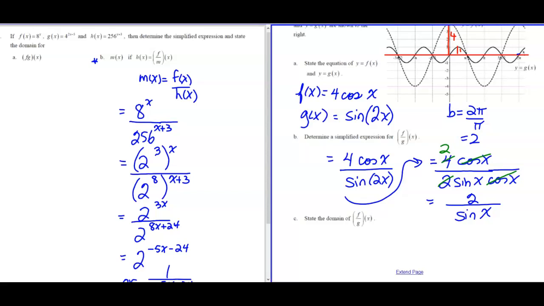Okay, so in terms of domain, remember we need to get our restrictions. There's some space here. We'll do it here. So our denominator is sine of 2x. So you can either solve sine of 2x for when it equals 0 or here. Basically, we do not want sine of x. Whichever way you do it, I'm just going to show my work here.